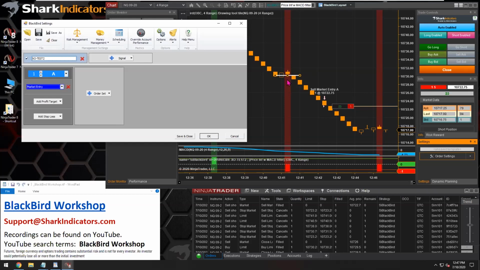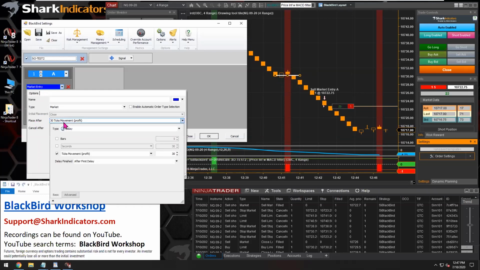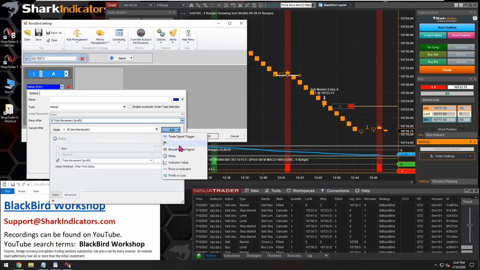You want to wait for some other kind of condition to occur. So the place after, if we go to the advanced option here, allows you to use some of these other trigger conditions to place a secondary requirement on top of your bloodhound signals or your trade signals.